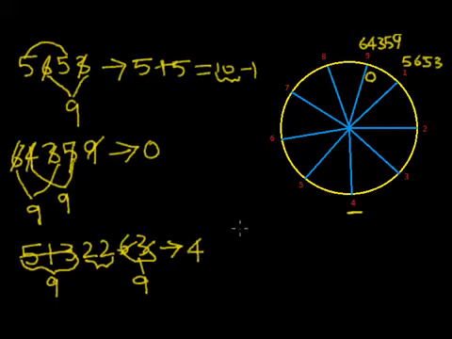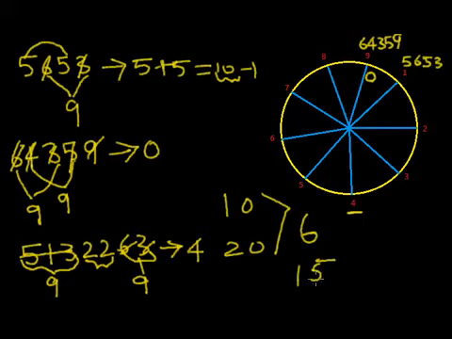If I would say, give me a number between 10 and 20 with a digit sum of 6. 15 is one such number, because 5 plus 1 is 6, right? So you get the number 15.